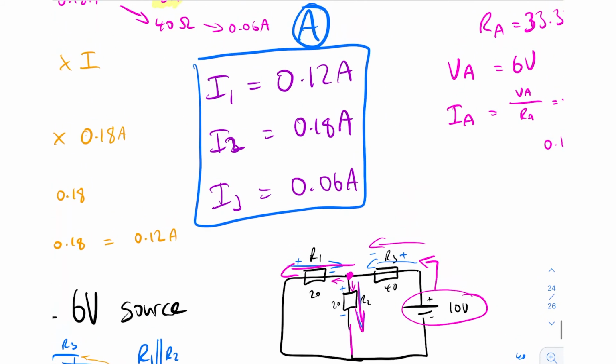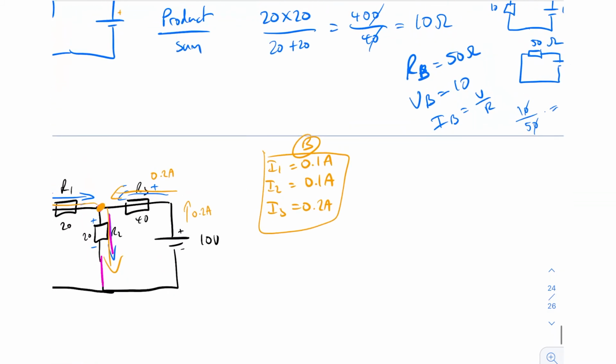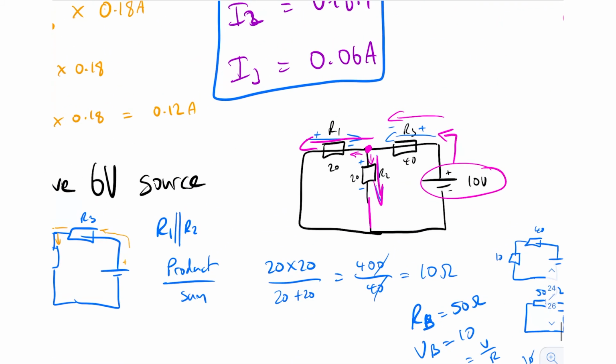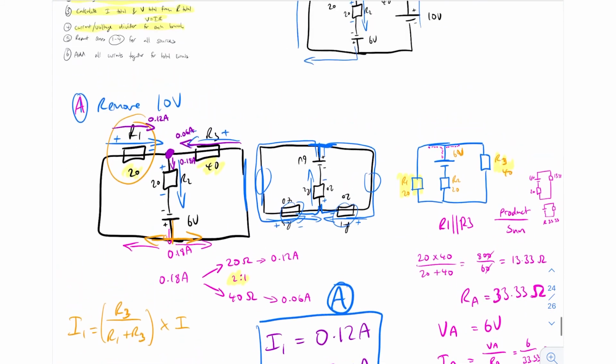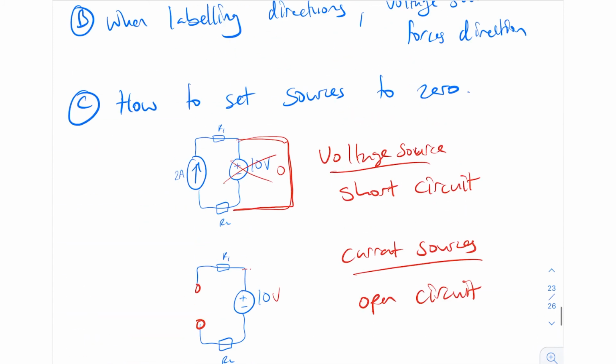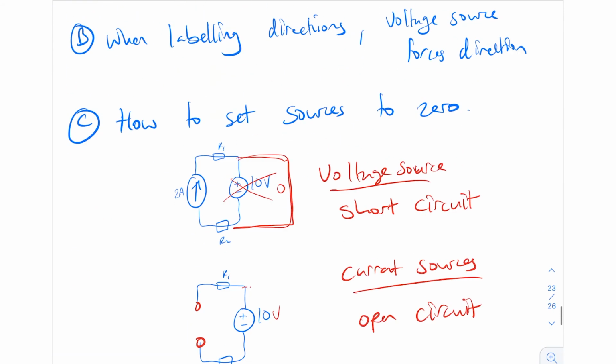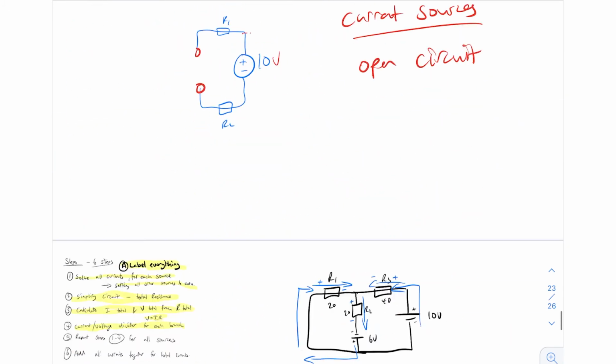Now we just need to add circuit A to circuit B, and then we have our total currents in all of the branches for our original main circuit, which, if you've forgotten by now, is this circuit here. Now let's go back up to the important points which I asked you to remember earlier. As I mentioned here, you're not just adding them together. Why? Because when you're adding the total currents, you have to focus on the original direction that we set, which was here.